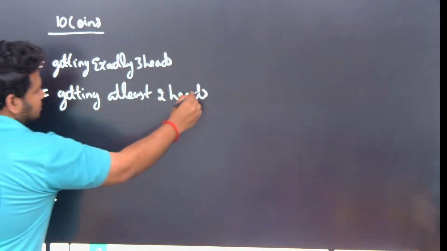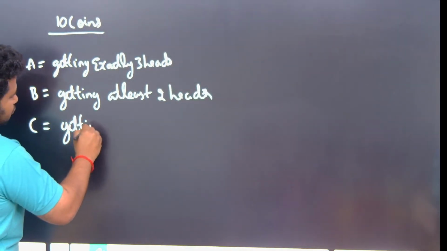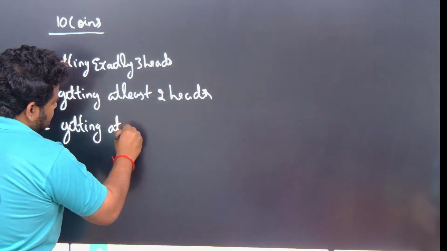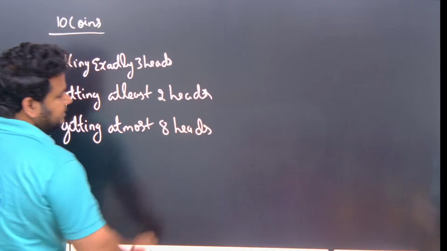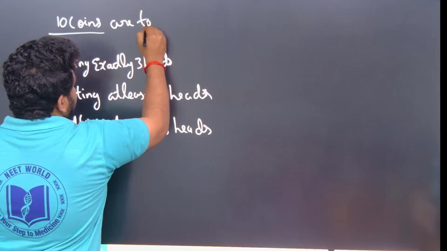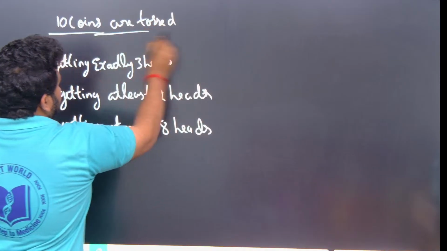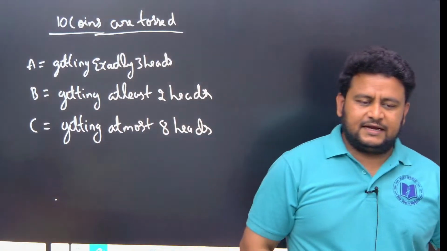Next is the probability of getting at most 8 heads. 10 coins are tossed. Fair coins, that is, we are having both head and tail.